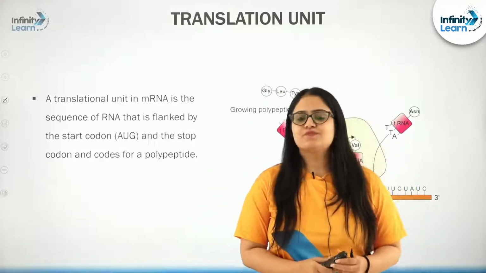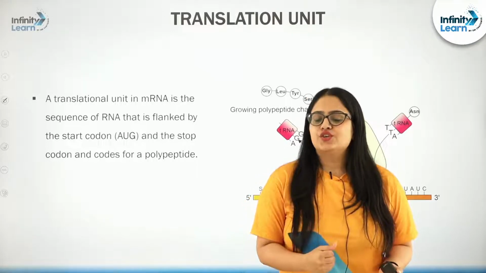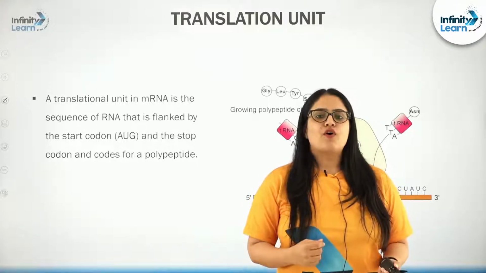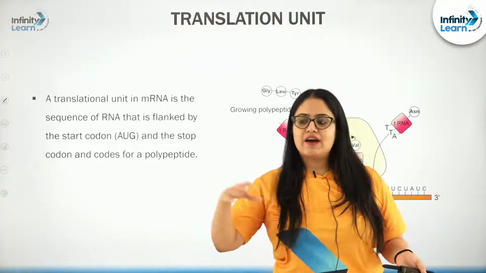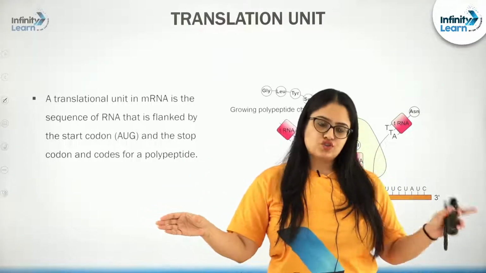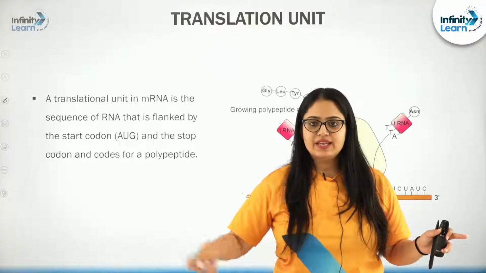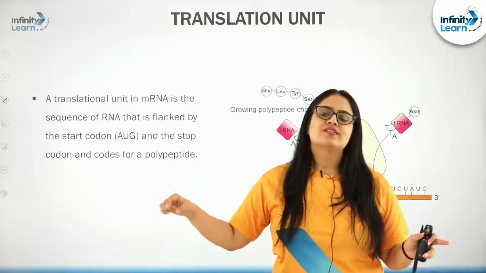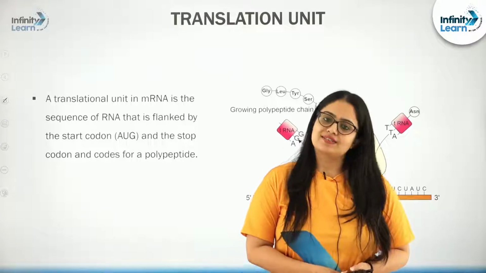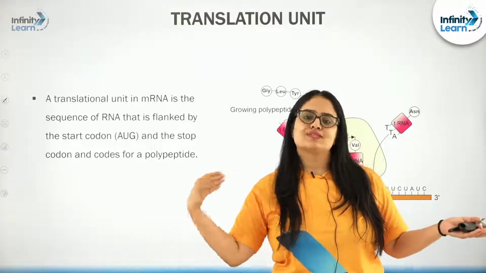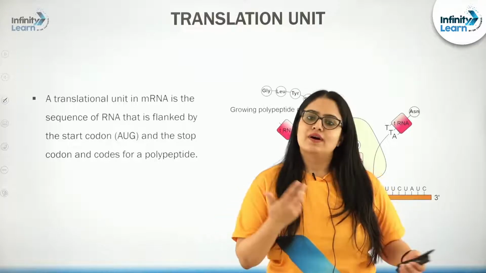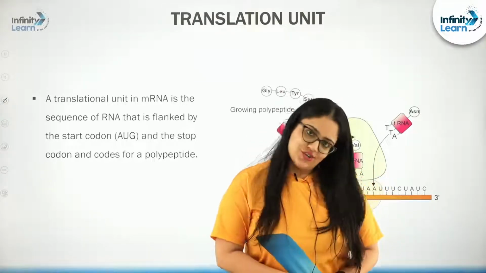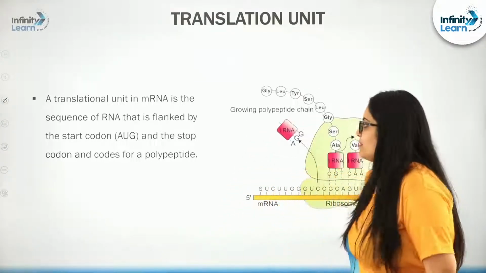A translation unit is formed with the help of an mRNA: mRNA having a start codon, a stop codon, and in between the codons for the respective amino acids. So mRNA flanked with a start codon and a stop codon makes up a translation unit. I hope it is very simple and clear.